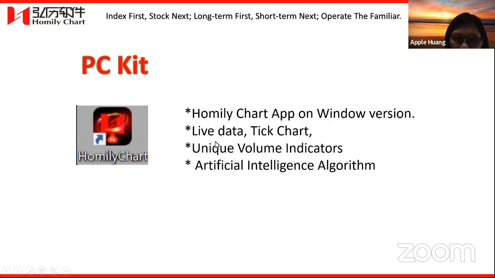Secondly, the PC kit can show live data. It has the tick chart, the 1-minute chart, 5-minute chart, 15-minute chart, 30-minute chart, 60-minute chart, and then the daily chart, weekly chart, and monthly chart. So it can show live data.